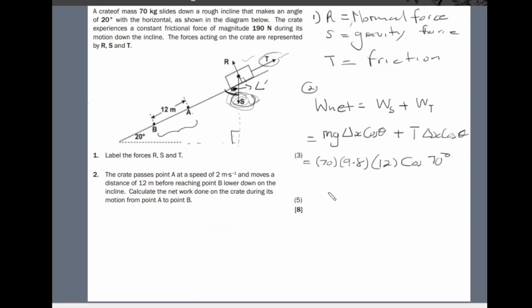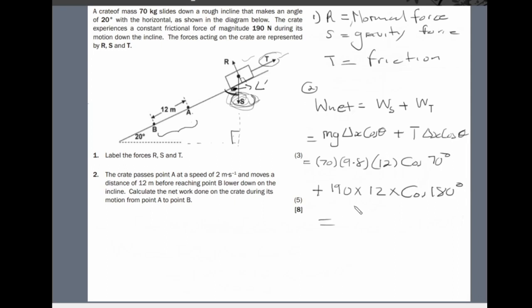So this is the work done by the force of gravity, and then you need to add the work done by the frictional force. The magnitude of the frictional force is 190, the displacement is still 12, and the angle between the frictional force and the displacement of the object is 180, so there you say cos 180.